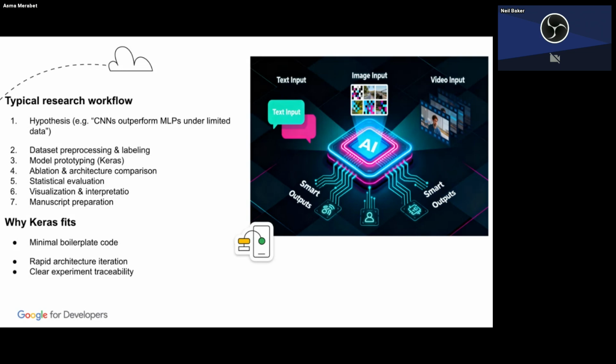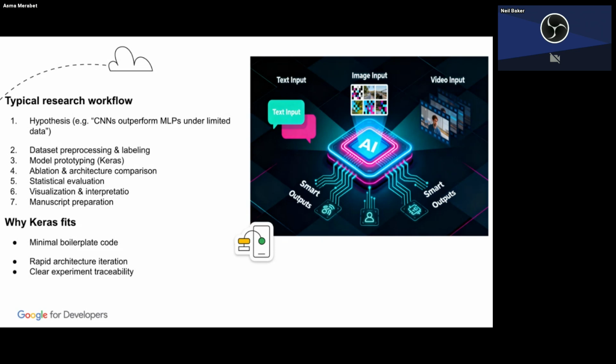This step is really time consuming because we have a huge dataset, so it's going to take a lot of time. When we use Keras, this can help us in this step, so it's not going to take a lot of time.